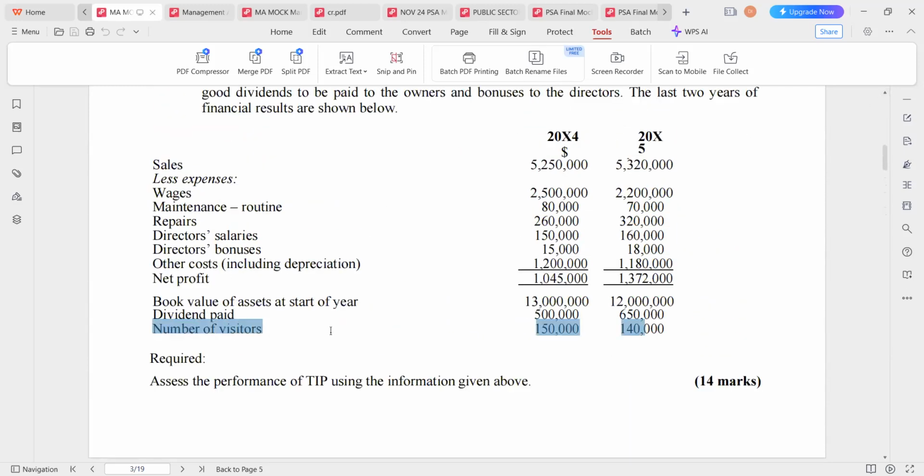Number of visitors is a non-financial. Now, two, you divide the revenue here by number of visitors. You know the average charge. Average charge is a mixture of financial and non-financial.